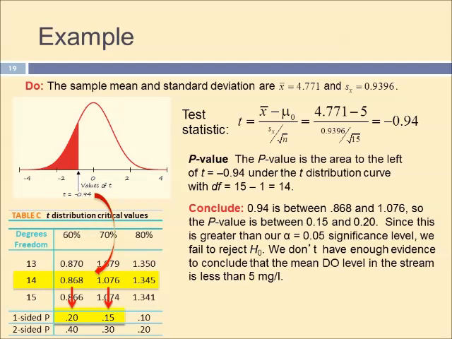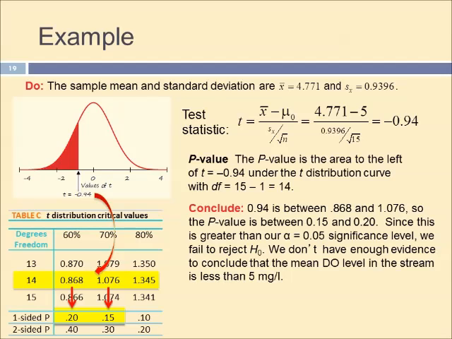So once again, we locate 14 degrees of freedom on table C, and in this case, we want to compare the absolute value of our test statistic with the given values of the critical values in table C. So here, 0.94 falls between 0.868 and 1.076 in the row with 14 degrees of freedom.